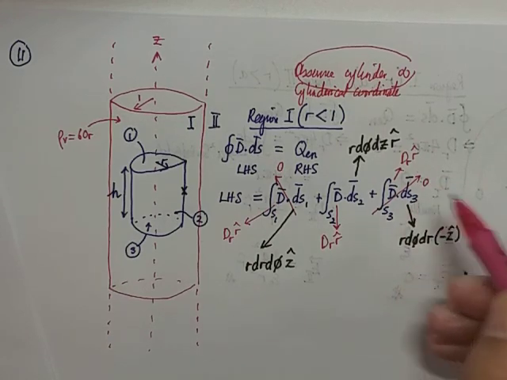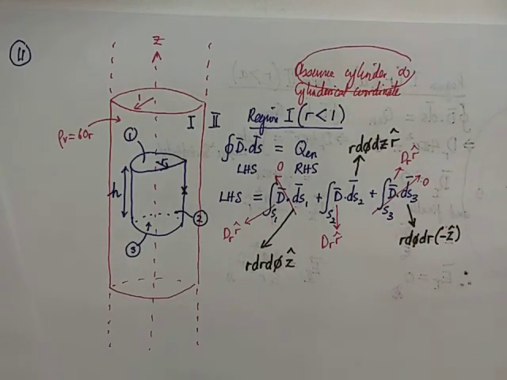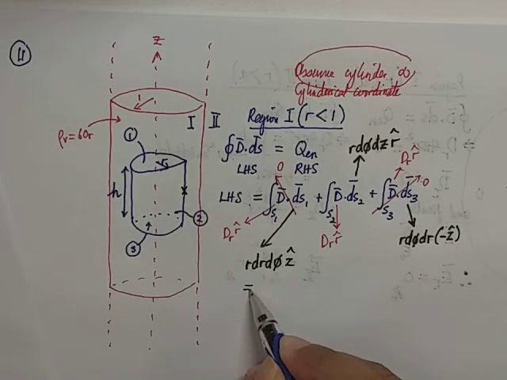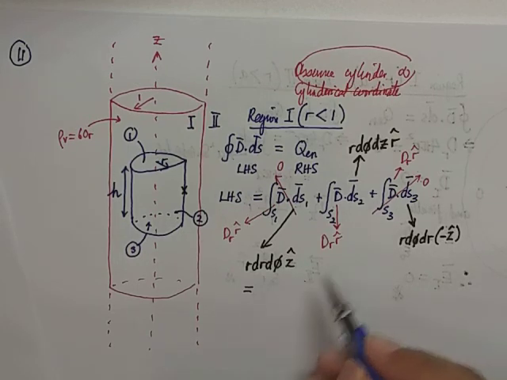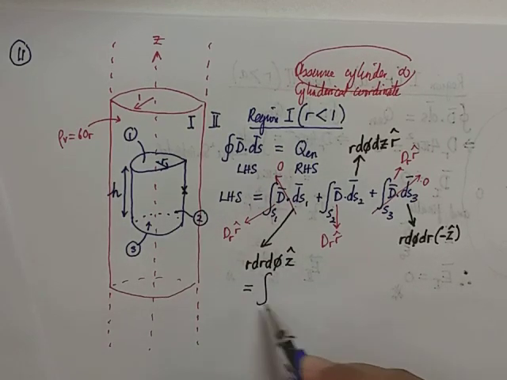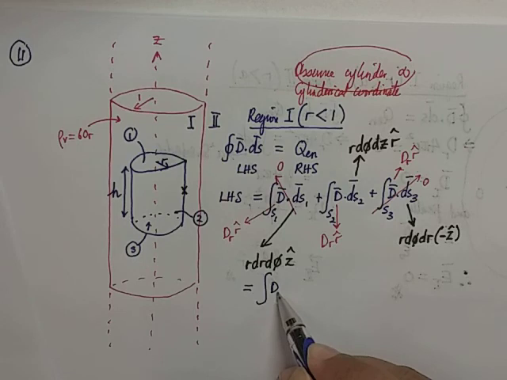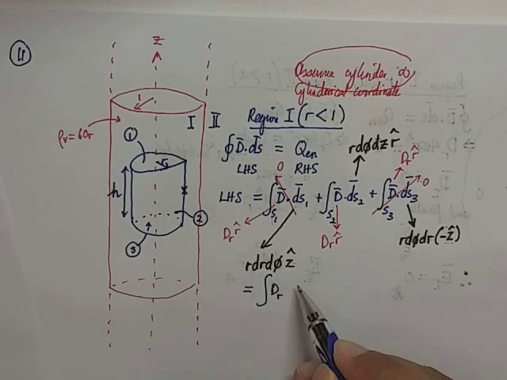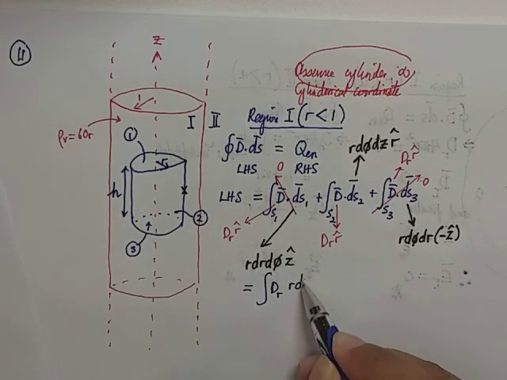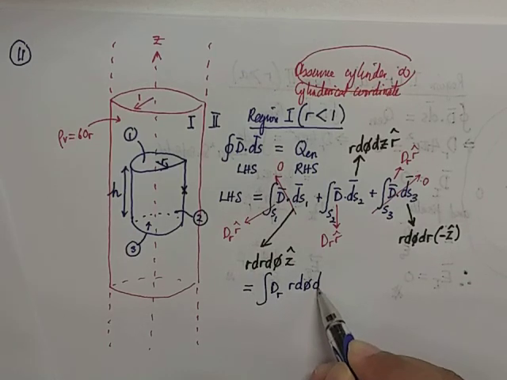So we only end with the second surface. And when we solve the mathematics for the second surface, it's going to be equal to the integration of Dr, and then R d phi dz.